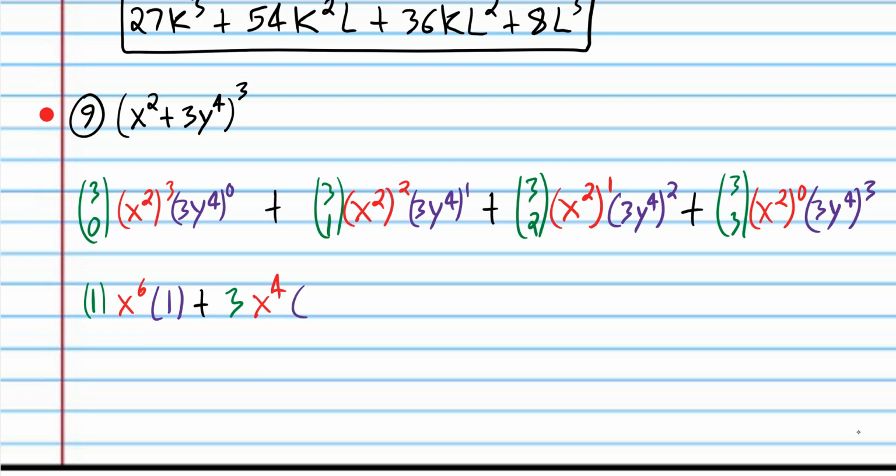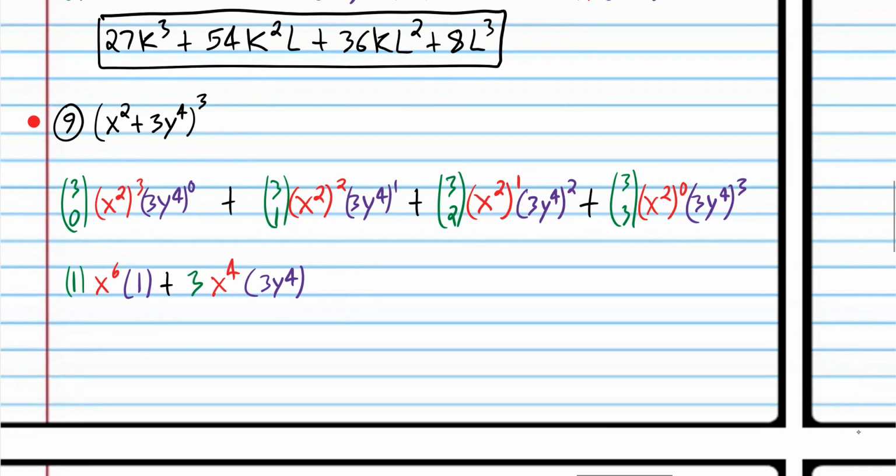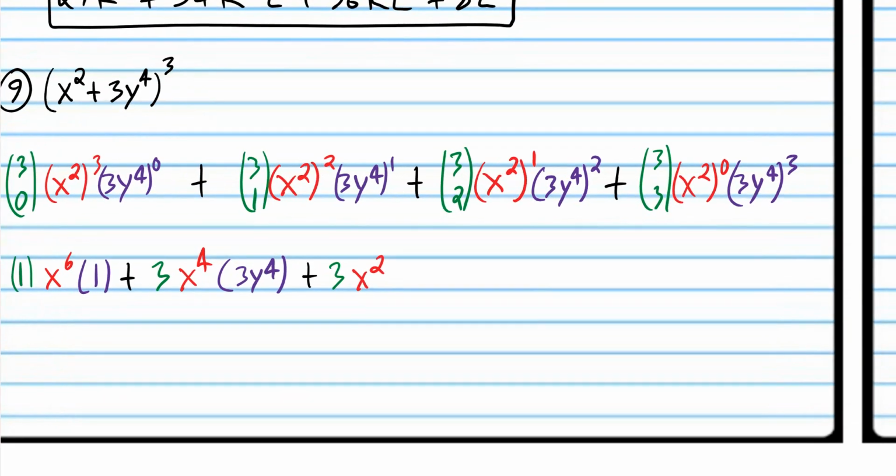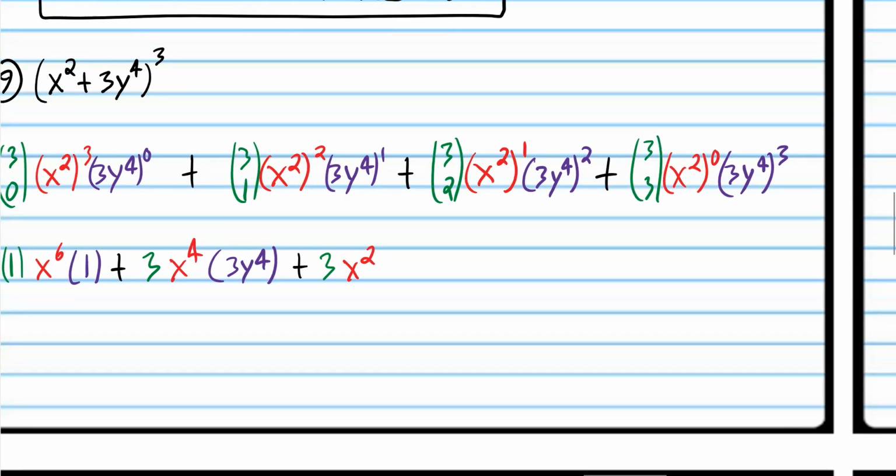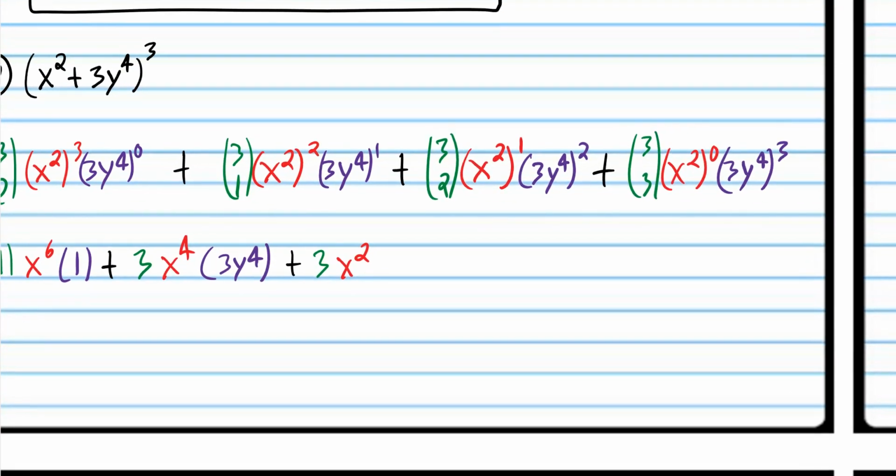Then 3y to the fourth raised to the 1 power is just 3y to the fourth. How many ways can you choose 2 things out of 3 things? Well, that's just going to be 3. X squared raised to the 1 power is just x squared. And here's where we have to use rule number 3 and rule number 5, the exponent rules.